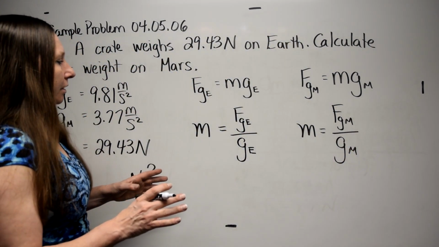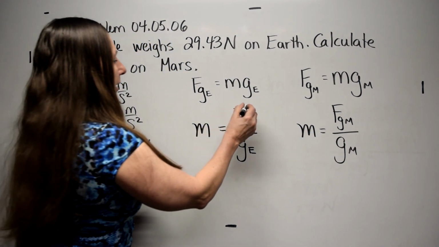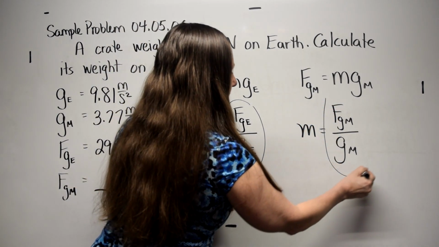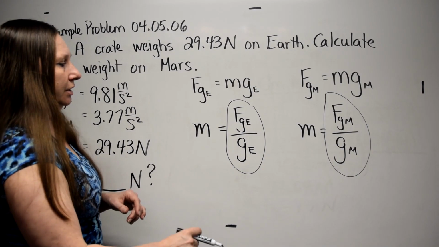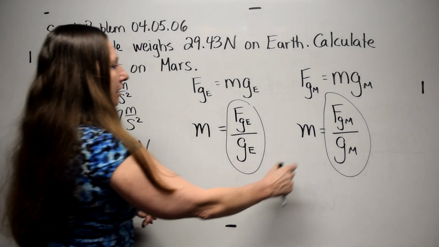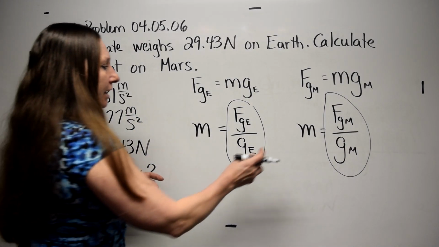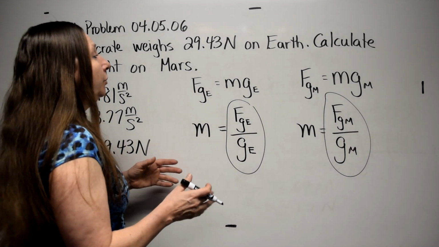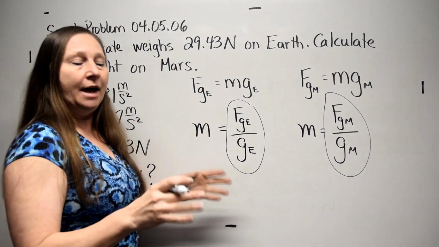Now, since this mass is equal to that mass, that means I can set this equal to this. All right, so I'm going to erase all this, and we're going to say this equals this. And what we've effectively done is eliminated the m. We don't know m anyway. We did solve for m, but initially we did not know m anyway.